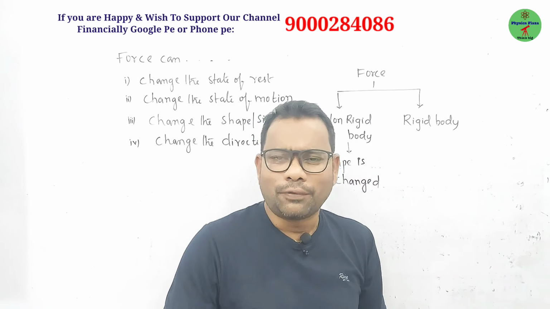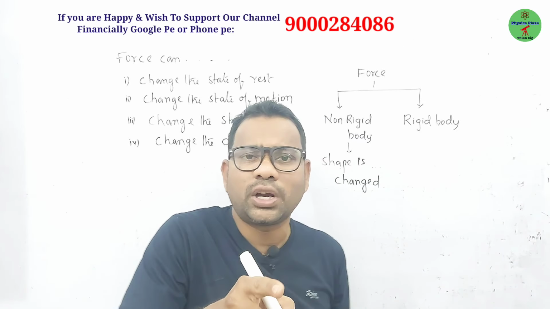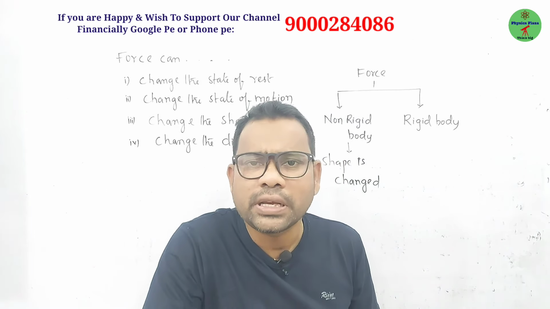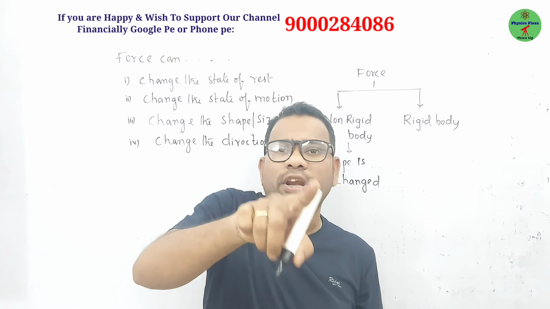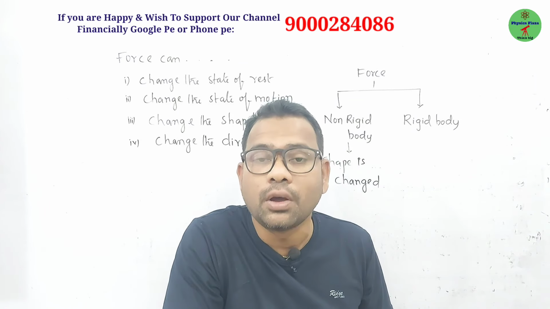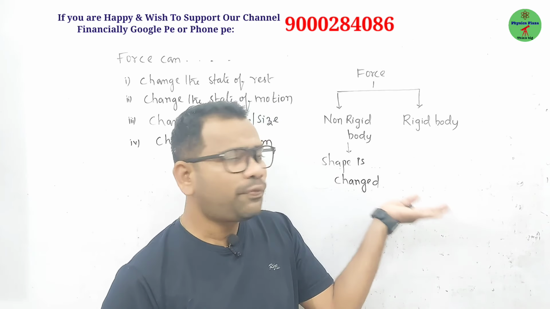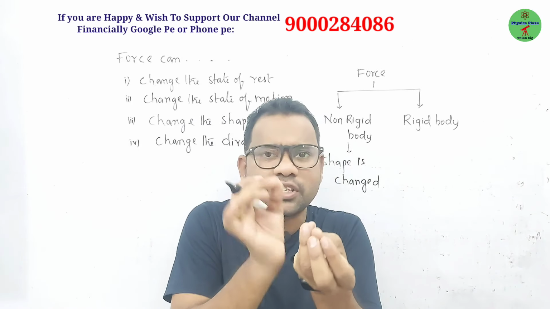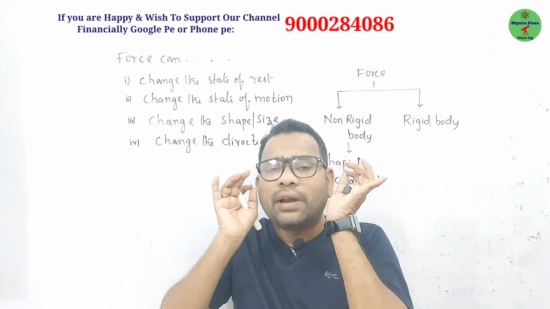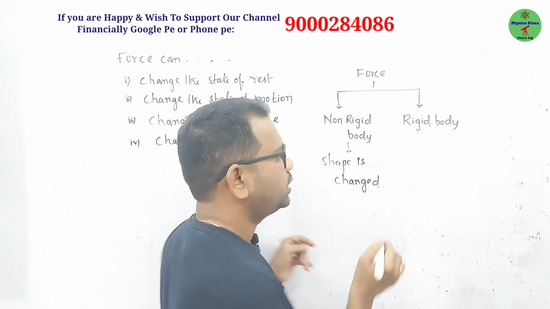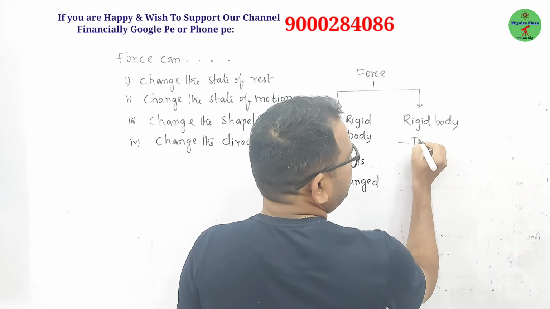Of course, no. First of all, what is a rigid body, dear children? The body in which the distance between any two pair of particles is not changed with the application of external force. It won't change. If it is free, not fixed, and you are applying force, it will have a translational motion.